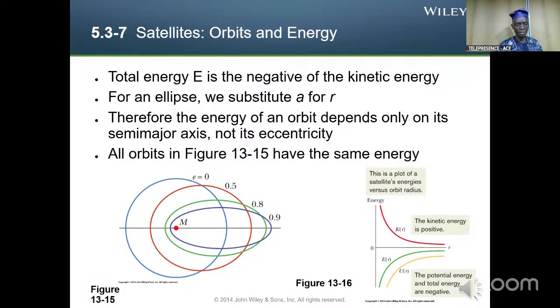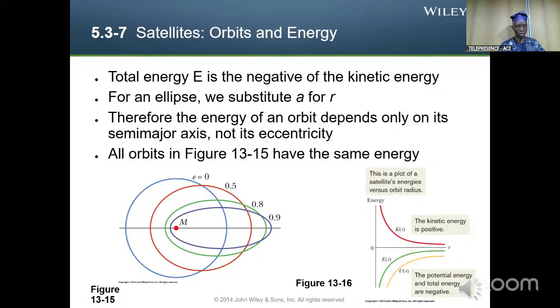You can see, but note, the total energy is negative. And importantly, it does not depend on the eccentricity. What matters is the size of the orbit, not the E. So in this diagram, the eccentricities are changing.